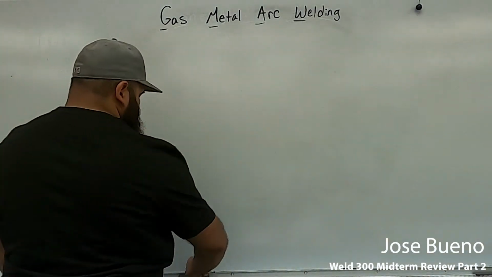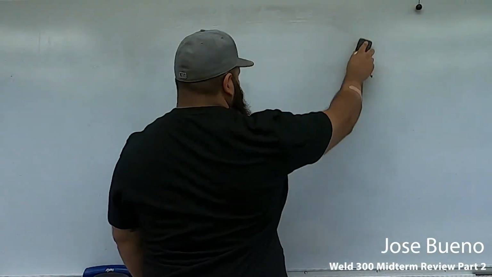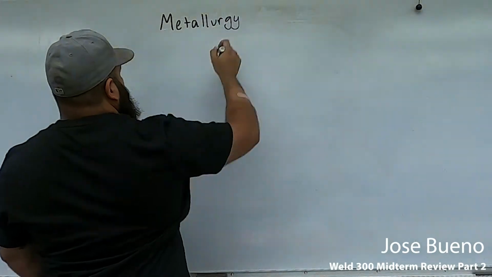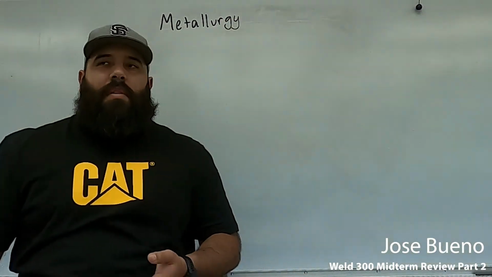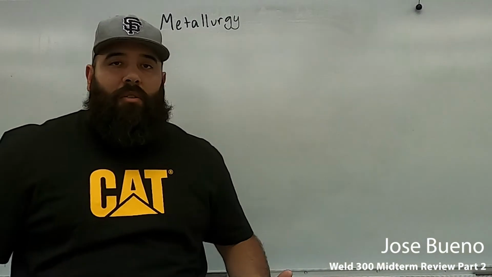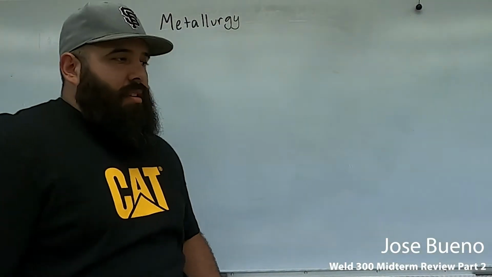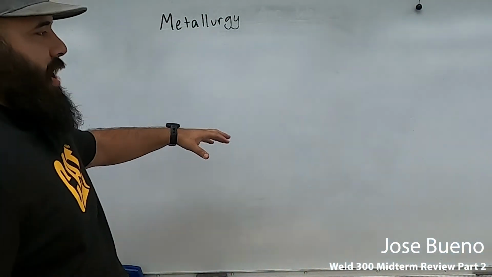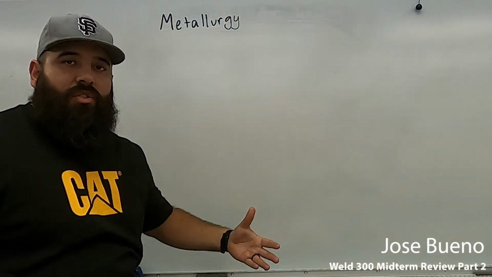Okay, now let's talk about metallurgy. When we think about metallurgy, we're thinking about the changes to the physical and mechanical properties of the metal that we're working with. Now, pretty much everything has a grain structure.